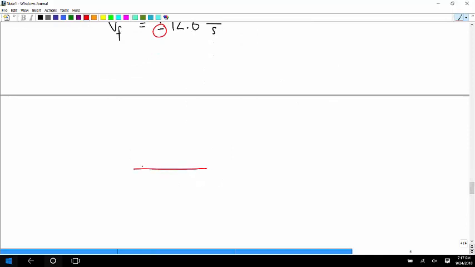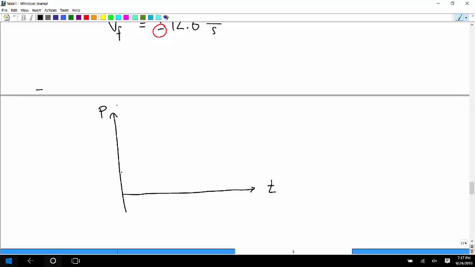If you plotted out a position versus time graph of this motion, so there's position, there's time. At our time equals 0, the object is at 3 meters. And we know that it goes up to a maximum height of 8.08 meters.